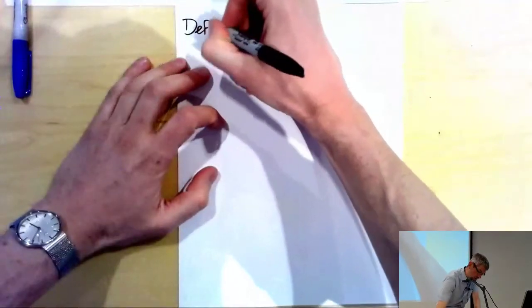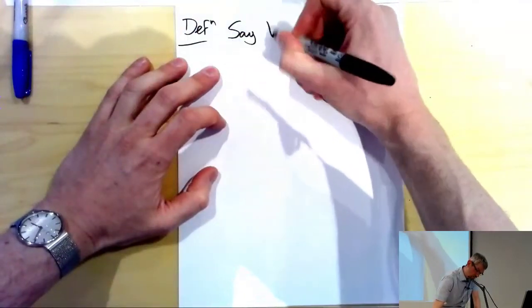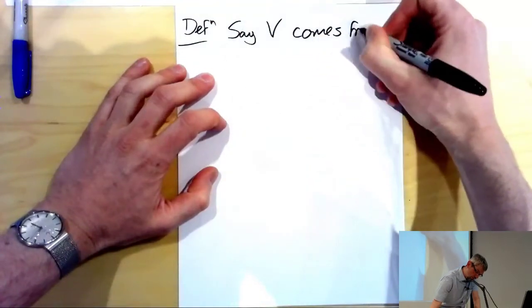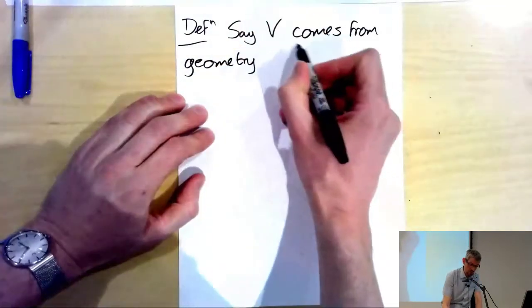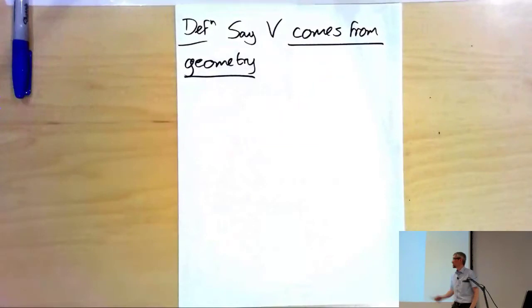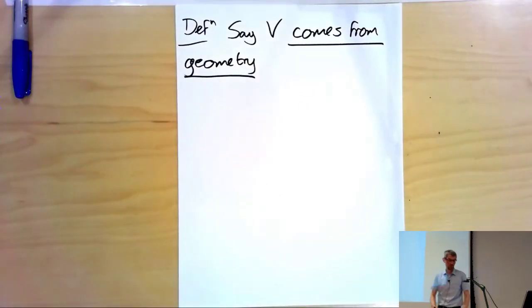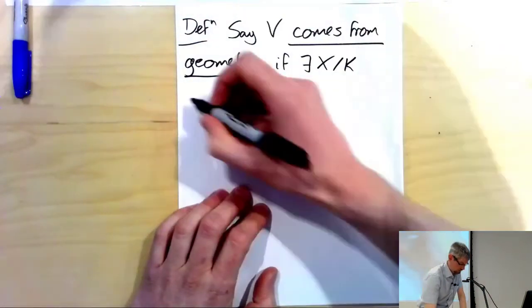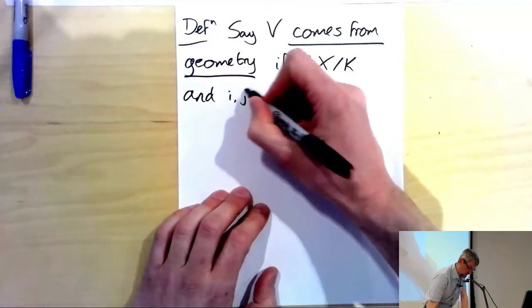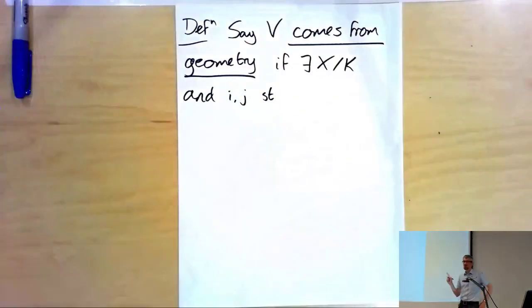So I said that that last example was somehow an example covering all the other ones. And I just want to give some notation making that precise. If we have a Galois representation V, we say it comes from geometry if it's a subquotient of my last example for some X. And I want to allow one slight extension to that.